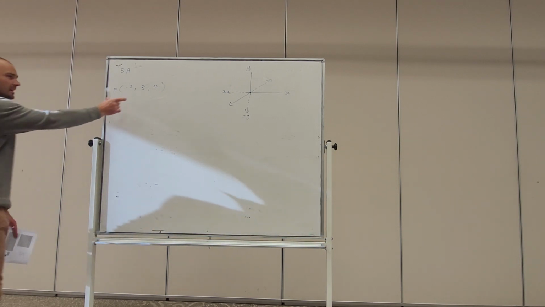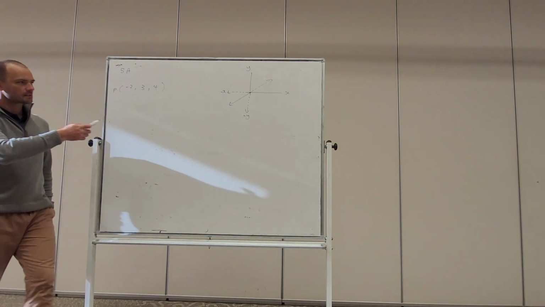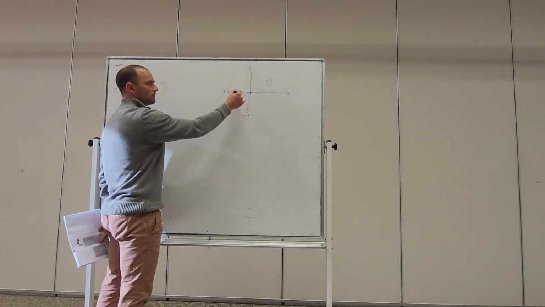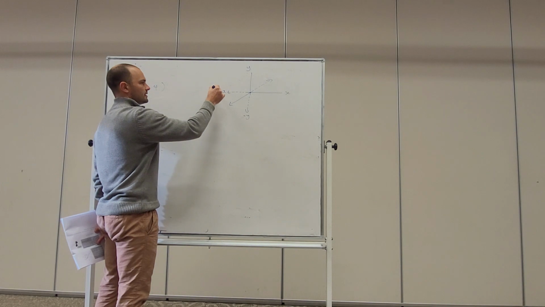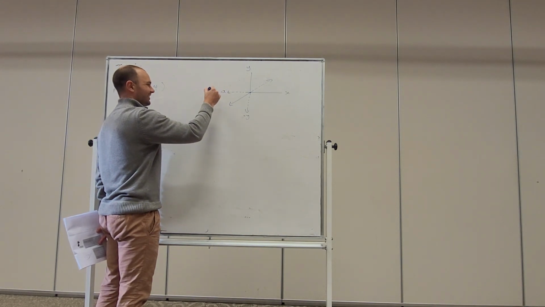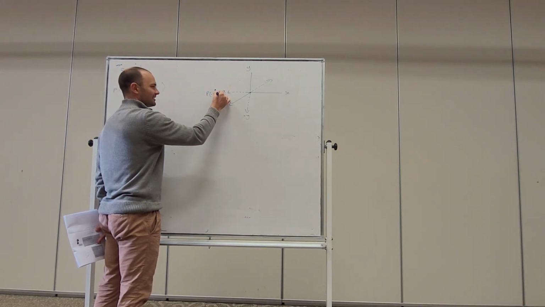And so we have point P, it's -2 on the x, so we'd be going across 2 here, up 3 on the y, and then out 4 on the z.